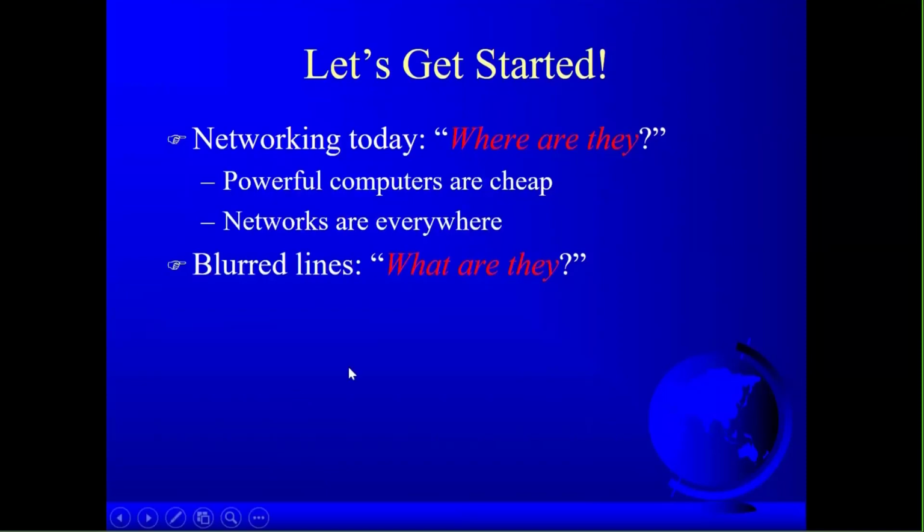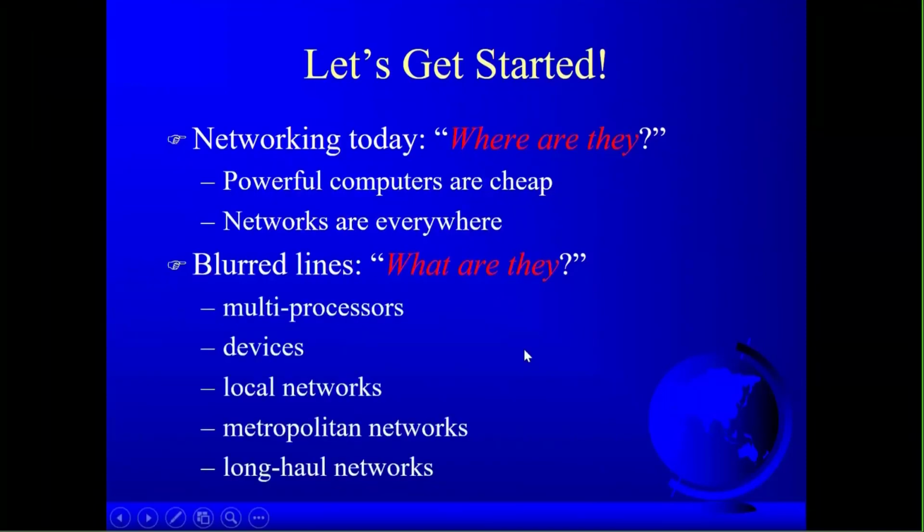So what are they? Again, multiprocessors, as I told you. If you think about networking, it's not a computer to a computer anymore. It's a processor to a processor. It's devices connected to each other: LANs, WANs, MANs, wide area networks, metropolitan area networks, long haul networks going from one country to another.